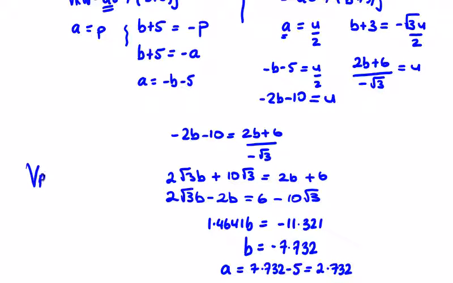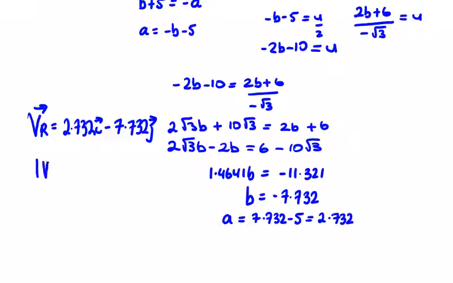So eventually we get to the velocity of rain with these crazy amount of unknowns. It's going to be equal to 2.732 in the i direction minus 7.732 in the j direction.